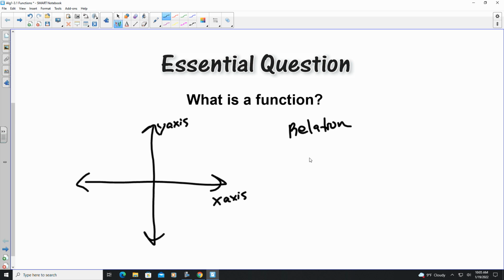All right, there's different ways to represent a relation on a graph. We'll get into some of those depictions in a little bit, but mainly we are looking at x and y coordinates.